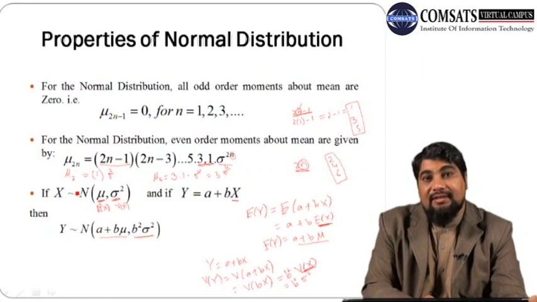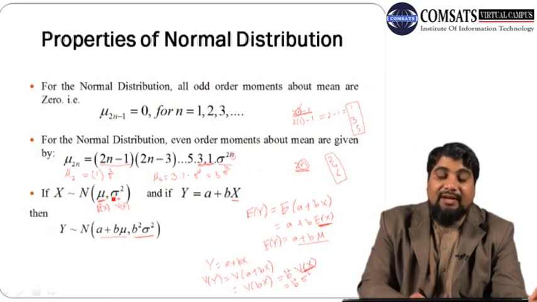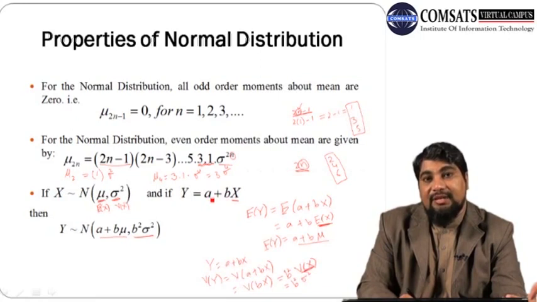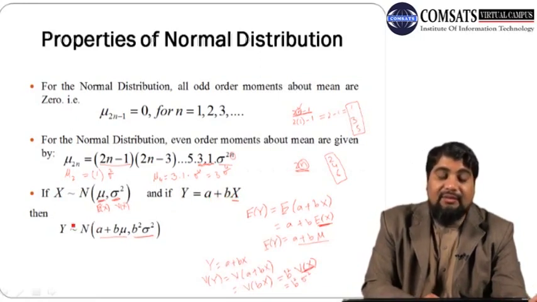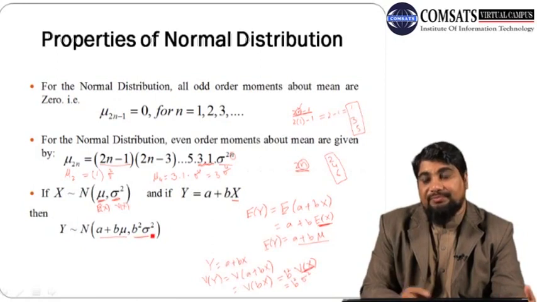So if x is a random variable which follows normal distribution with mean mu and variance sigma square, and y equals a plus bx where a and b are any two constants, then y will also be normally distributed with mean a plus b times mu and variance b square times sigma square.